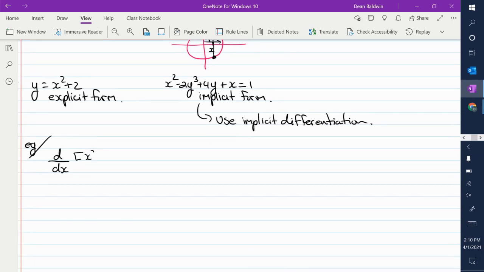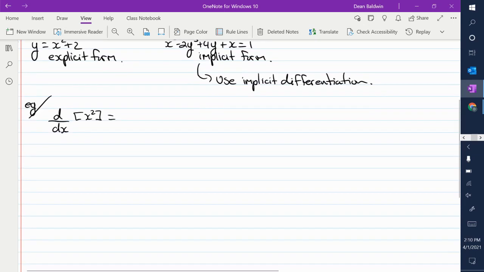So if I ask you to do this derivative, the derivative of x squared with respect to x, what's the answer? 2x, right? Does everybody agree with that?